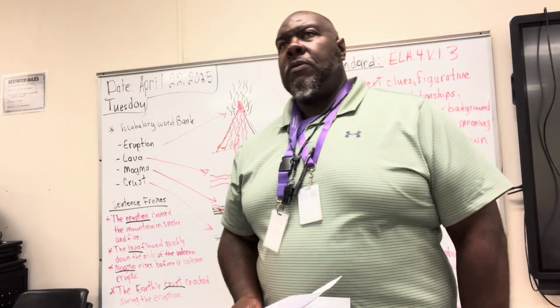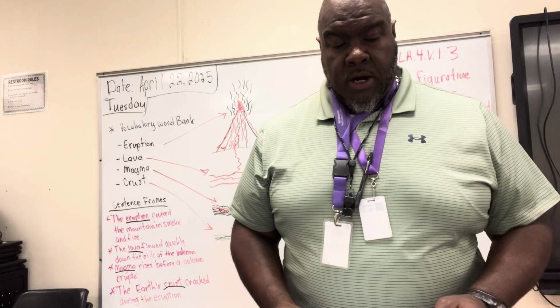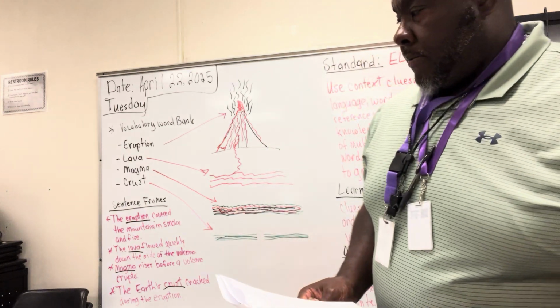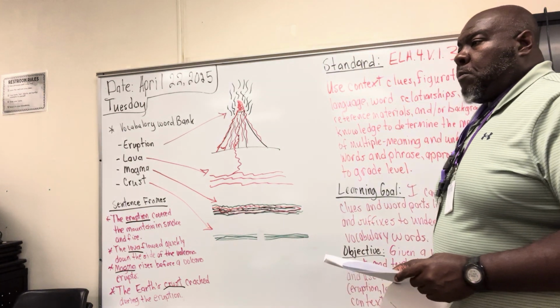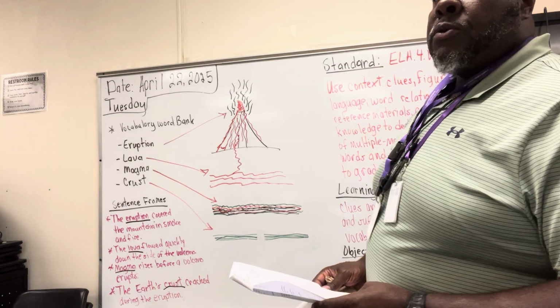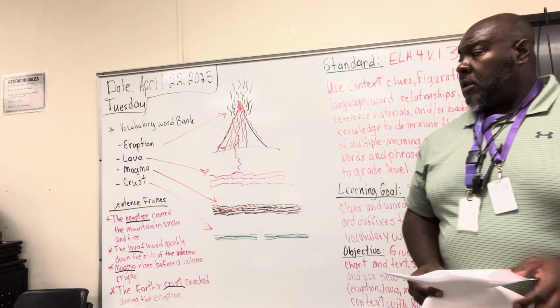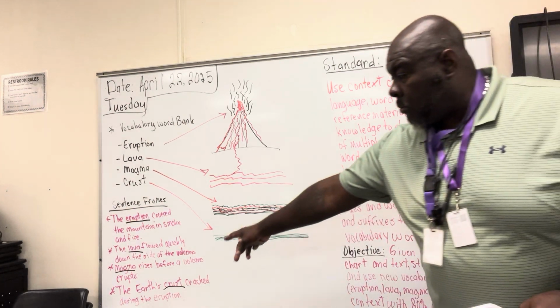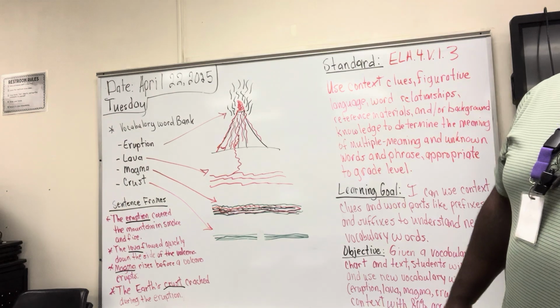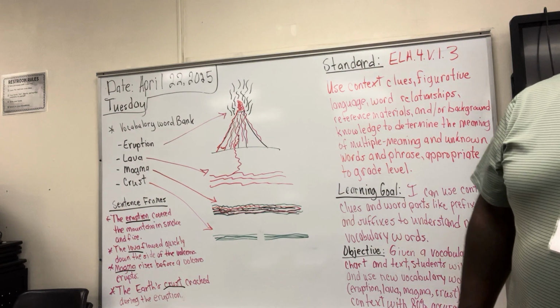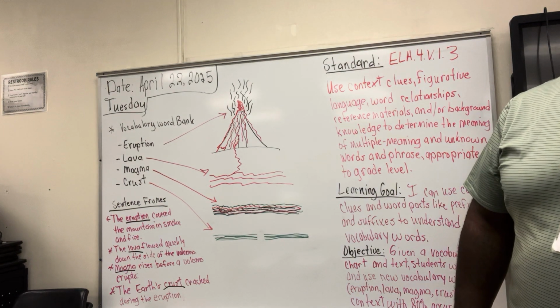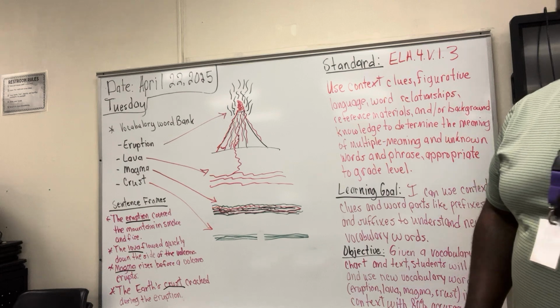That's a good example, but we don't really want to use death. All right, cool. Magma flows up through the earth and makes its way out the volcano. Sure, that'll work. That's pretty much what we have down there. And the earth's crust cracked during the eruption. Same thing. If you had anything like that, that's fine.